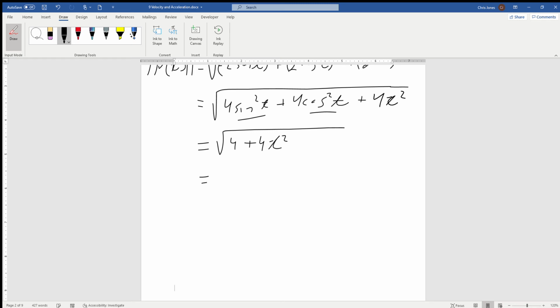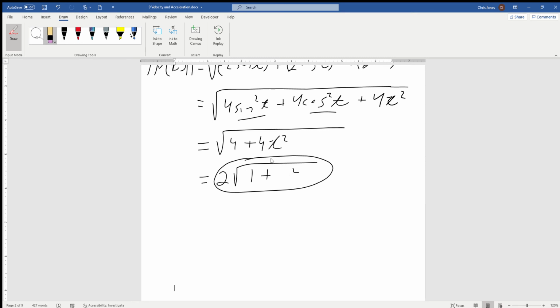And one final way to write this is by factoring out a 4 and then taking the square root of 4. We can write this as 2 times the square root of 1 plus t squared. That's probably the most simplistic algebraic answer we can get, instead of having that trigonometric answer.